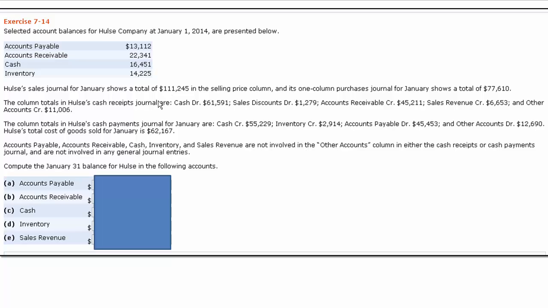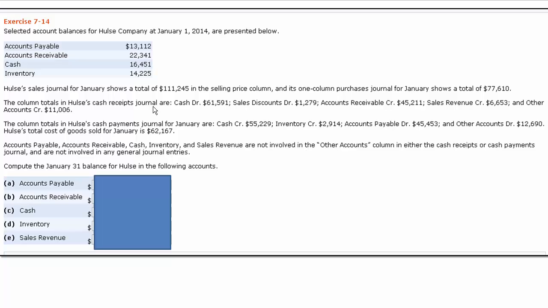Okay, and then the cash receipts journal shows cash that was collected, and there's a column for each account where there's a reduction in the balance because cash was collected. Okay?